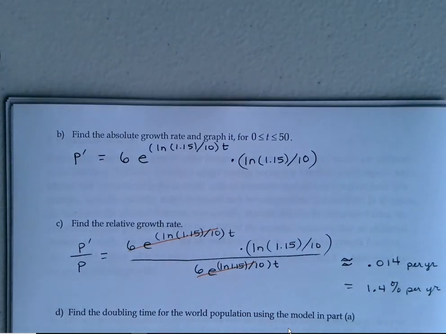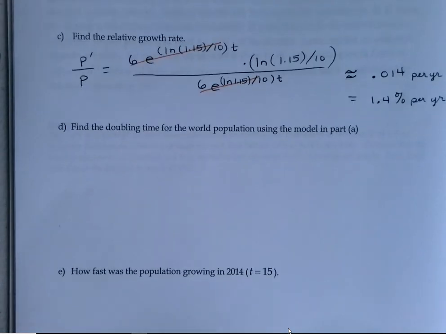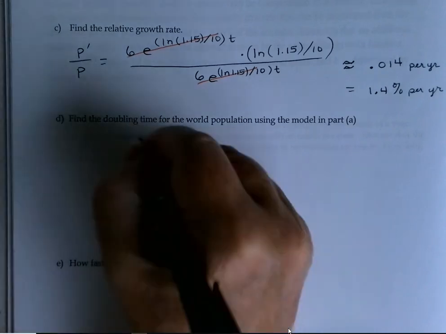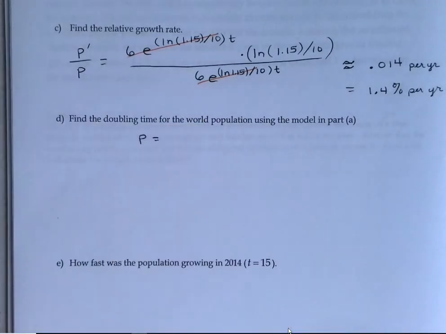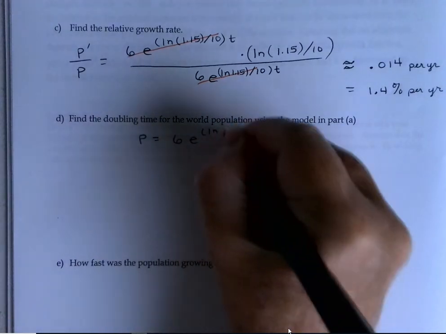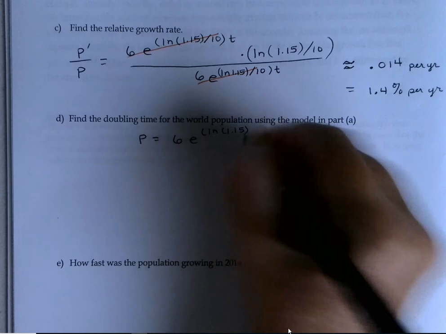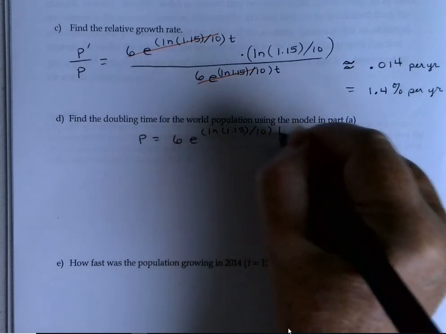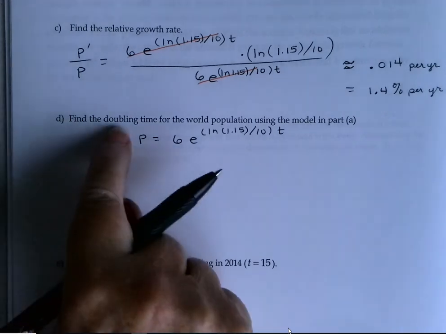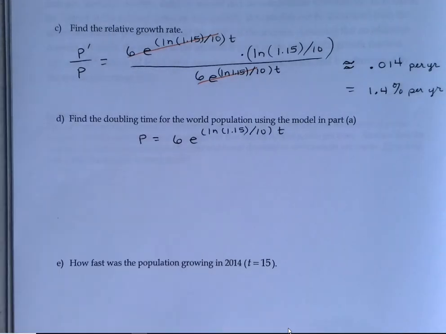All right, next thing we want is the doubling time for the world population using our model. So, again, my population model was 6e to the natural log 1.15 over 10 times t. And if I'd like to know the doubling time, I literally want to know how long will it take for the population to double under these circumstances.